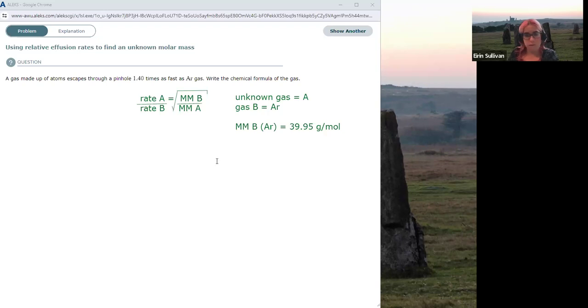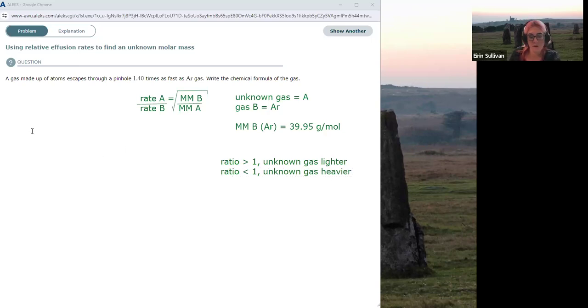So if our ratio is more than 1, our unknown gas is lighter. And if our ratio is less than 1, our unknown gas must be heavier for us to get a value that is like decimal, right? Less than 1.